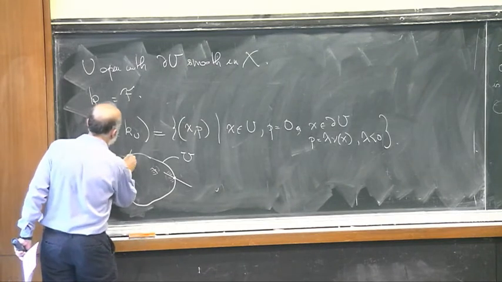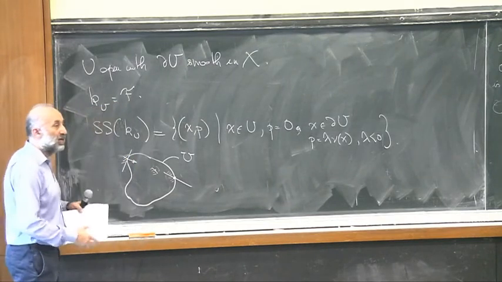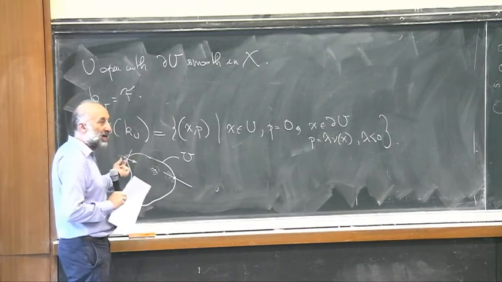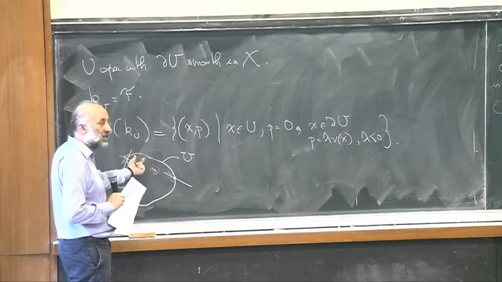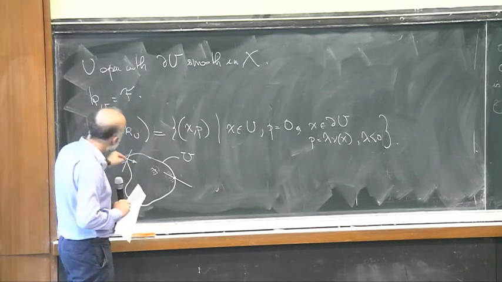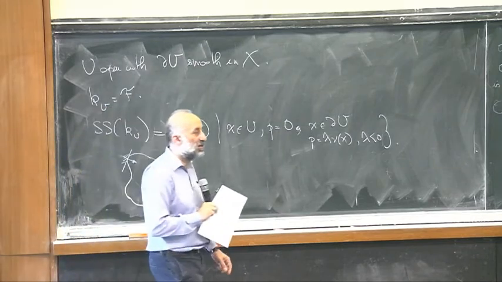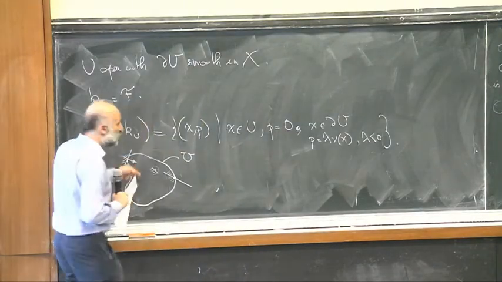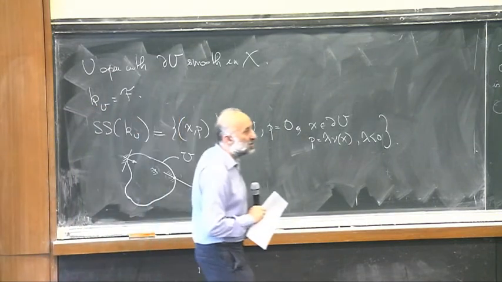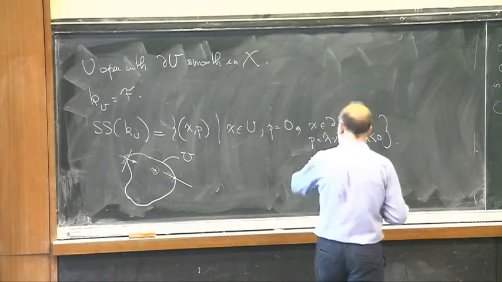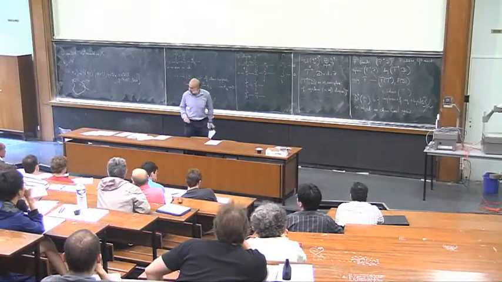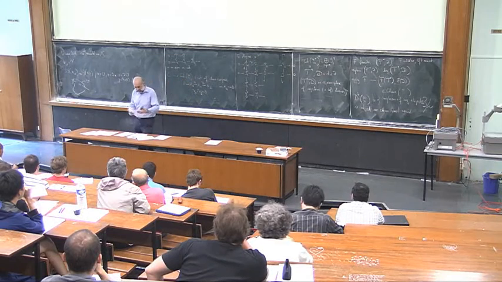So if I'm on this side here, you see that the only section on this side is 0, and when I move here, I have the 0 section and I have the constant section that extends. Okay, so I don't have uniqueness anymore. So if I move in this direction, I don't have uniqueness of extension. So that's one example.